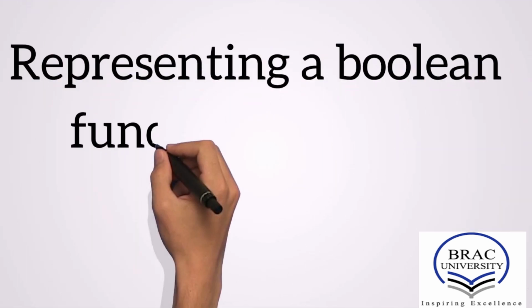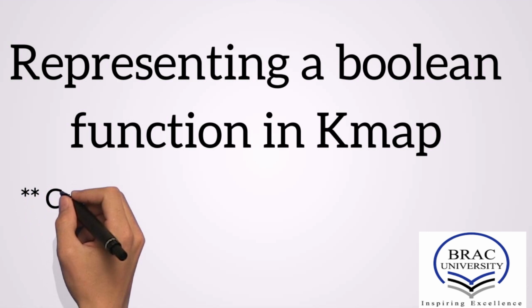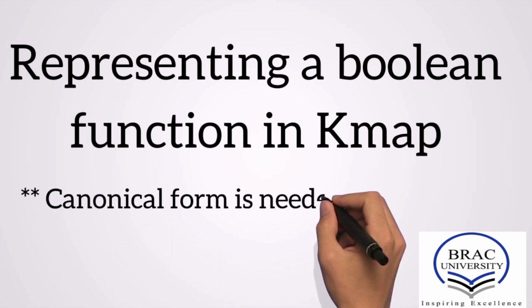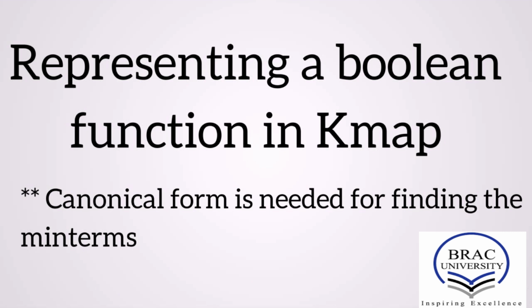Now let's represent Boolean functions using K-map. For this step, we need the canonical form of the expressions. A canonical form here basically means that all the literals are present in each product term. We need canonical form of the expression so that we can find out the min terms.